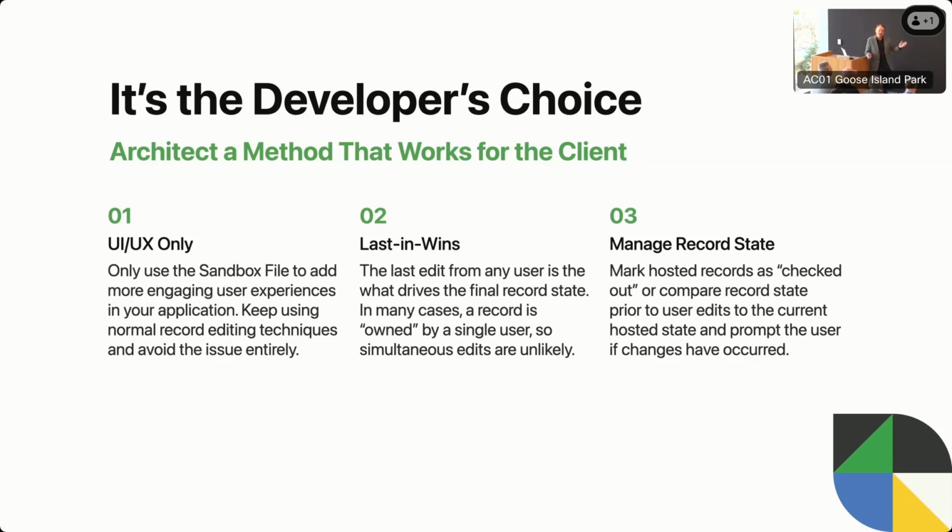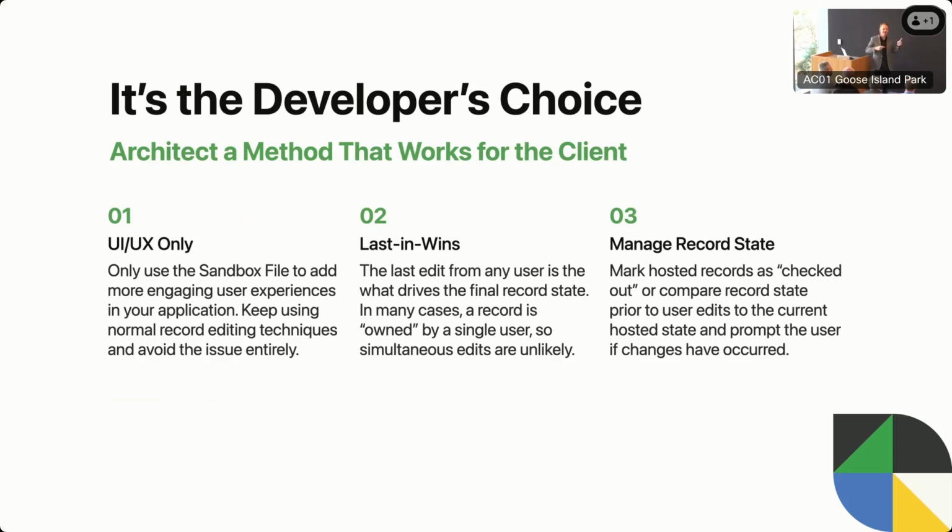Now you could either not use it at all, or you could mark the hosted record as checked out when a user goes to edit it. One thing we've done is hash the changes that are going to be sent back to the server and compare that to a hash of the current record state.